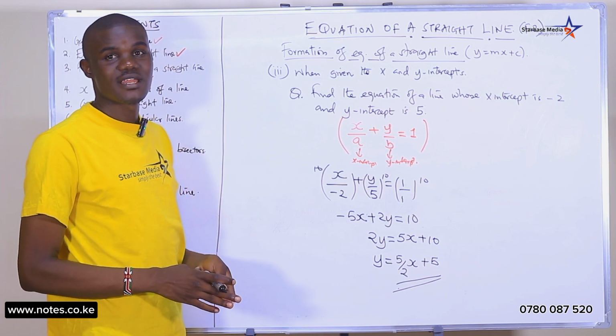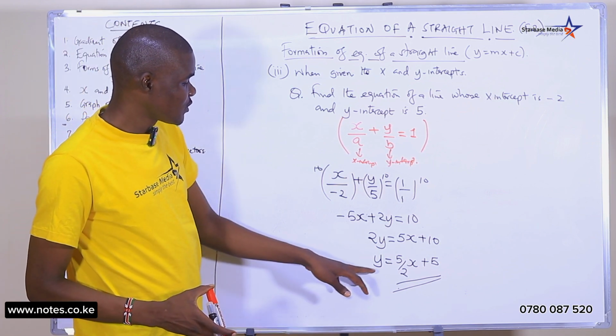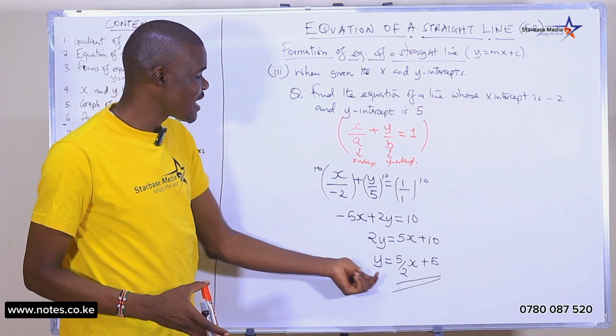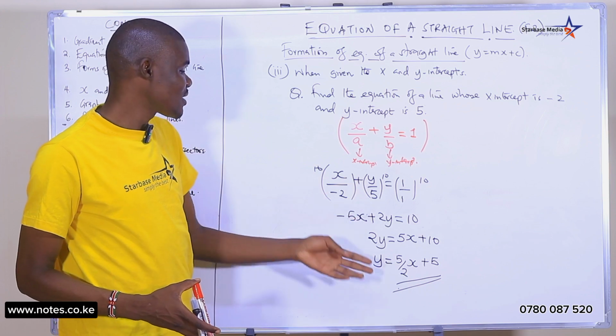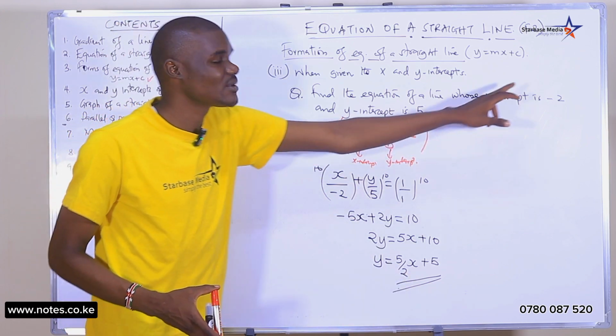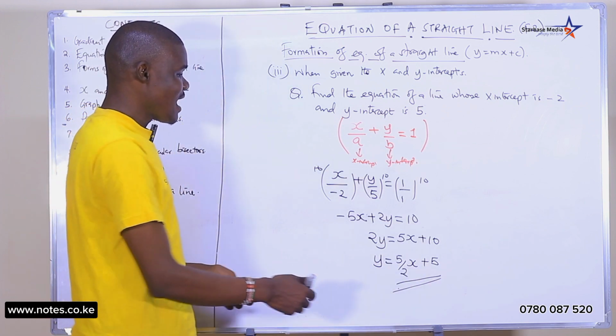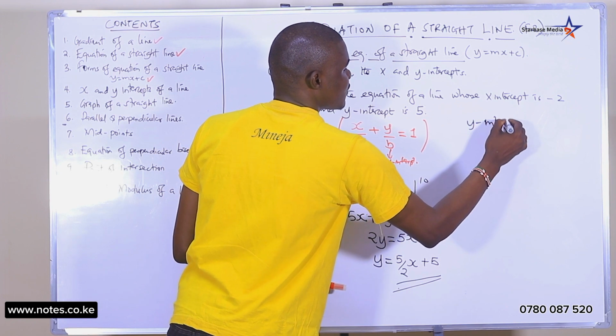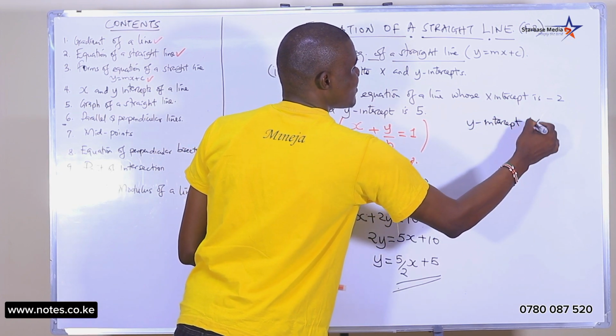As a good student now, you must do these things vice versa. You can take it from the answer upwards, where you are given the answer and then you are told, can you find this intercept? So what do you do? You simply say, for you to get the y-intercept, at y-intercept x is 0.